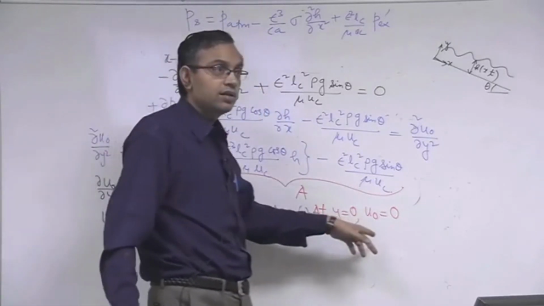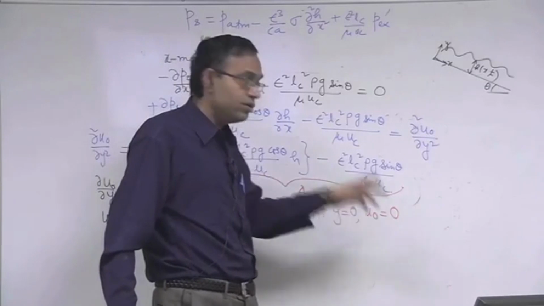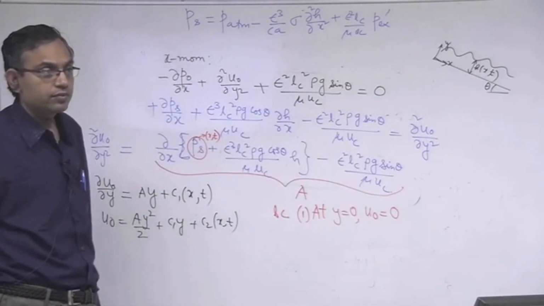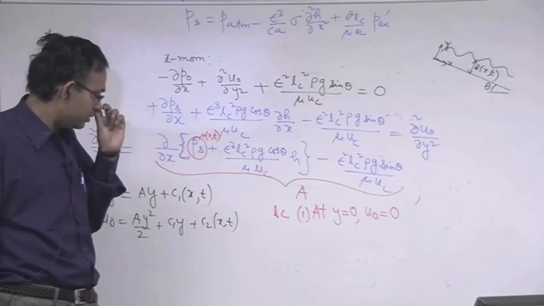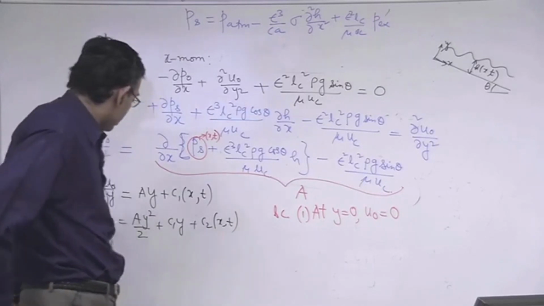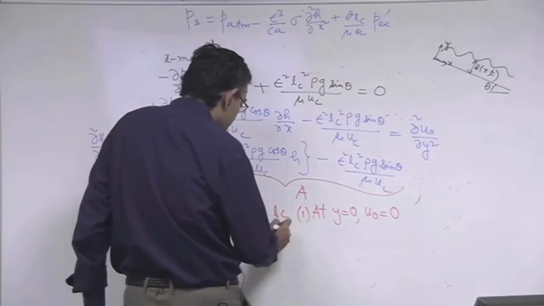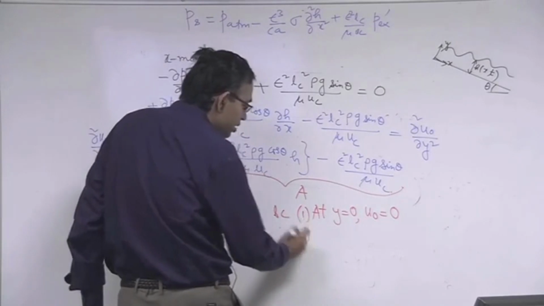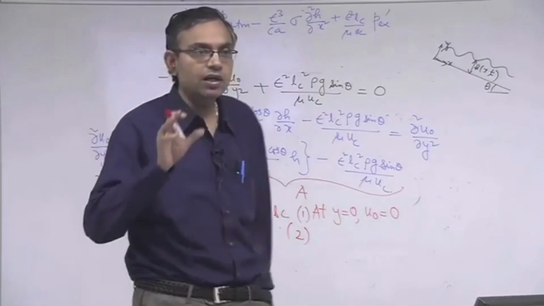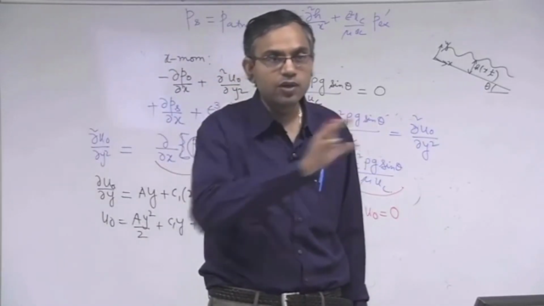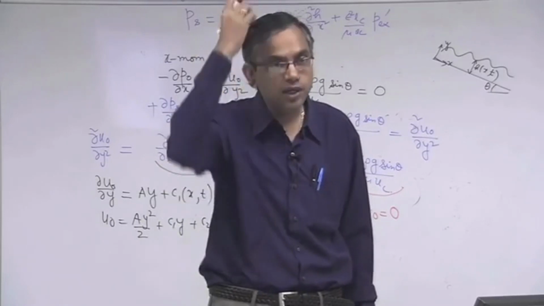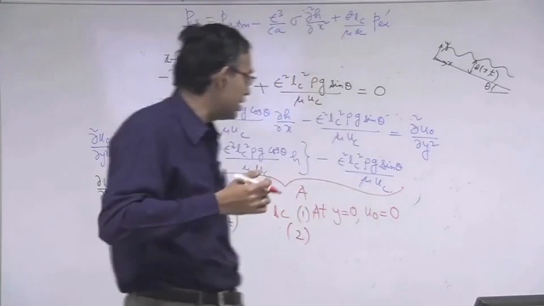So, at y equal to 0, u0 equal to 0. So, that means 0 equal to, okay, let us write the other boundary condition, then we will apply that. What is the other boundary condition? See, when you write the boundary condition, the mathematical form you can retrieve from the notes, but try to first say what is the physical boundary condition that we want to write here.